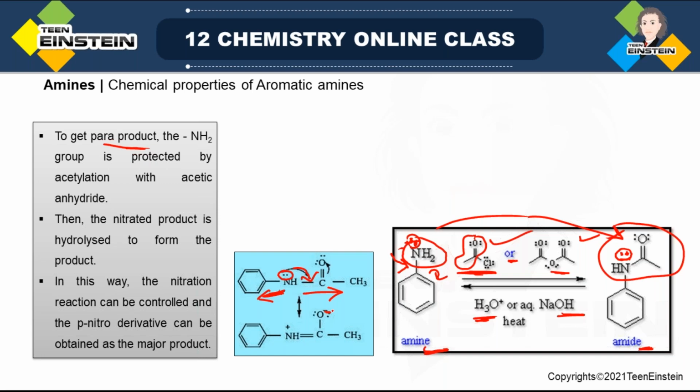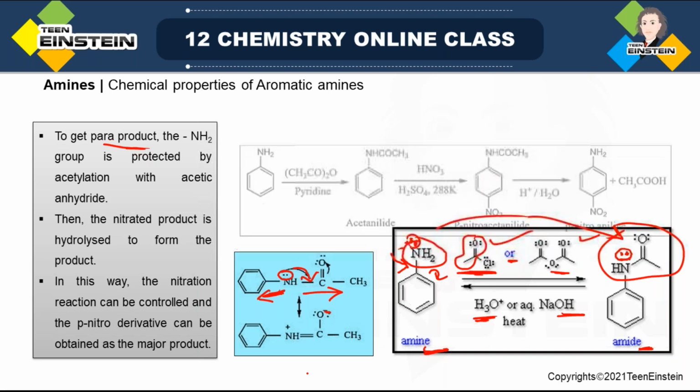Now when this type of resonance is possible, the electron density donation towards the benzene ring is reduced, because the resonance is now occurring towards the other side. That is the purpose of doing this acetylation of the NH2 group.